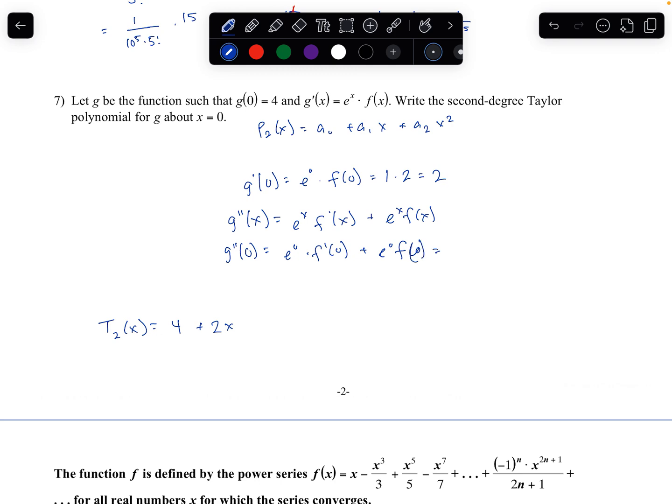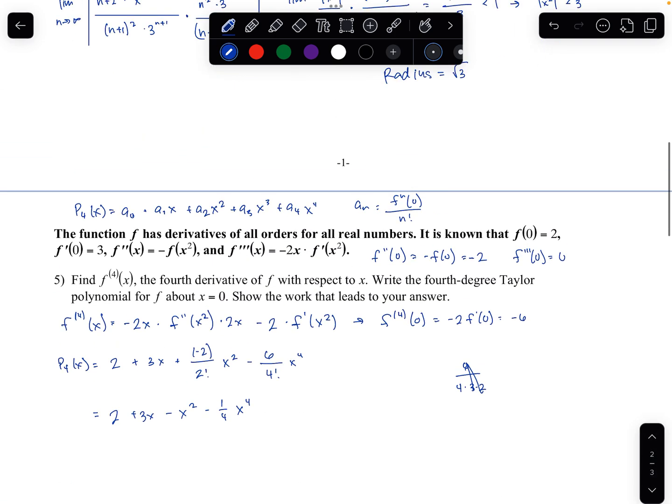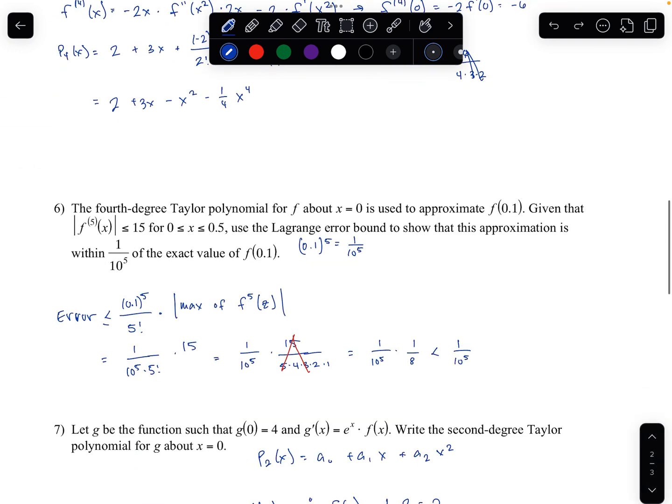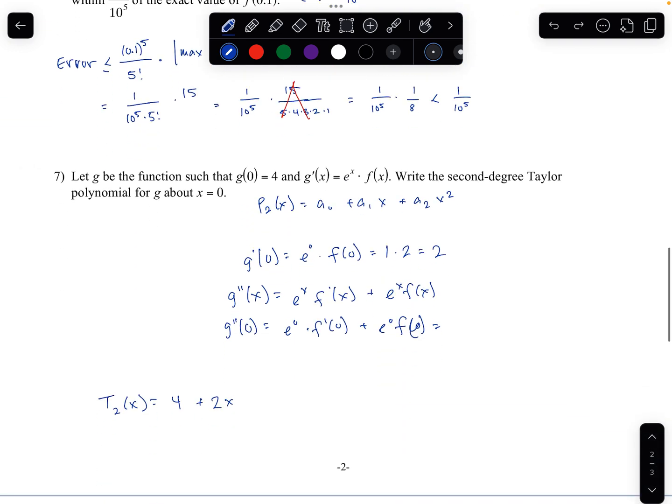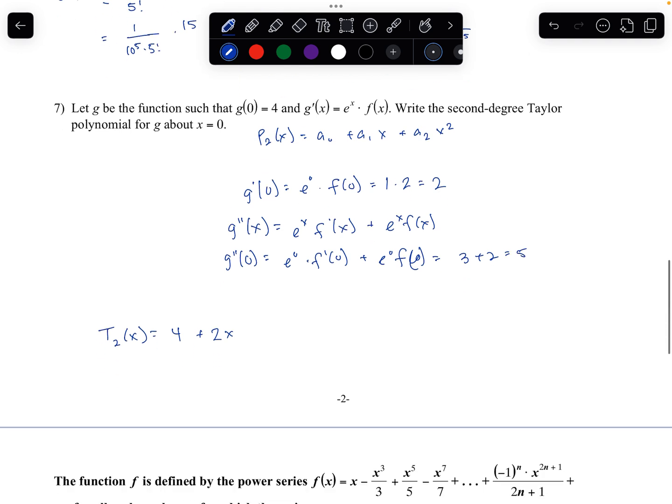So e to the 0 is 1, but f prime of 0 is 3, and f of 0 is 2. So this is going to be 3 plus 2, which is going to be equal to 5. So plus 5 over 2 factorial times x squared.